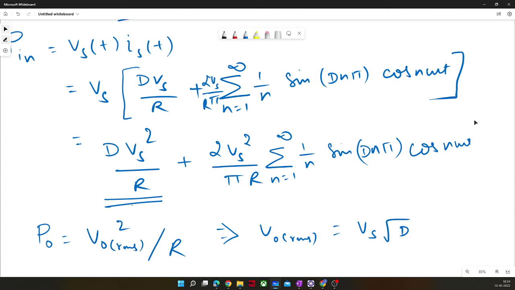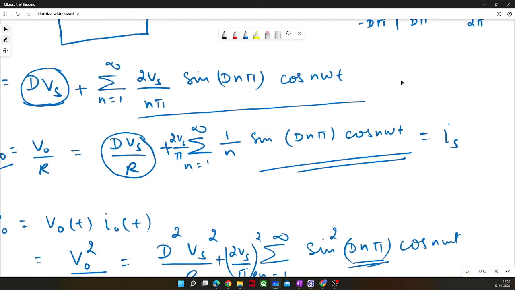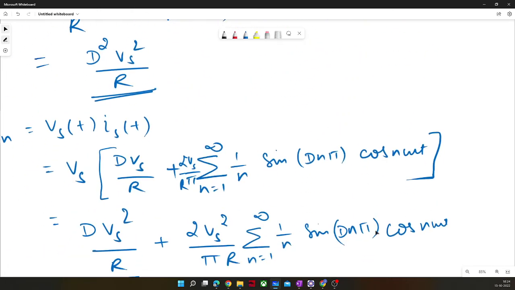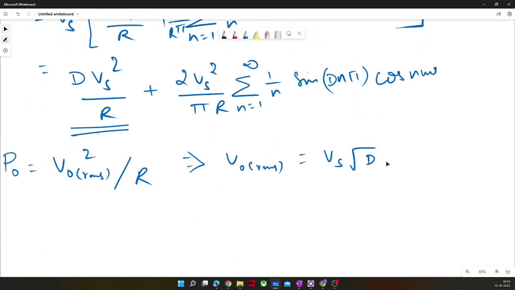If you see this waveform, which I drew earlier, if you calculate RMS for this value, you take this component and you take a period for d pi divided by pi, or 2 d pi divided by 2 pi, so you will get Vs under root d. So from that you will get dVs square by R.